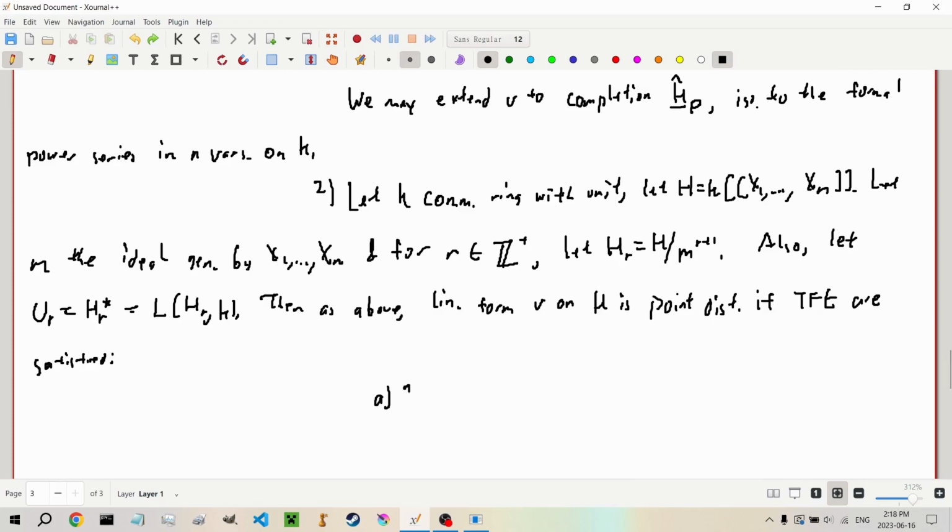So for this one we have r being an integer such that u vanishes on M to the r plus 1, which means it factors through the projection of H onto H_r.